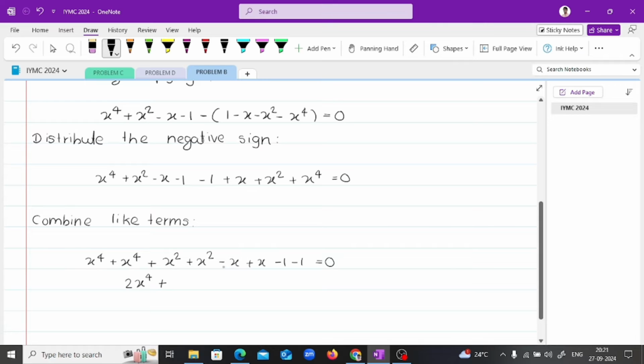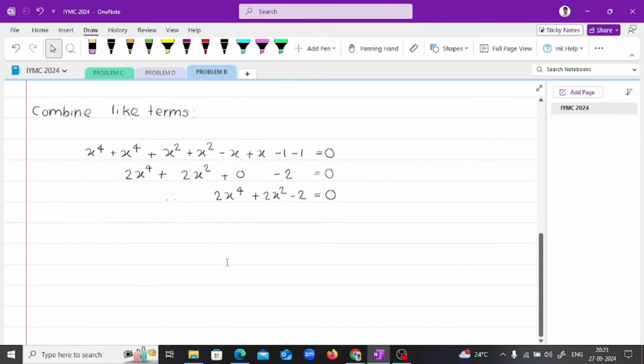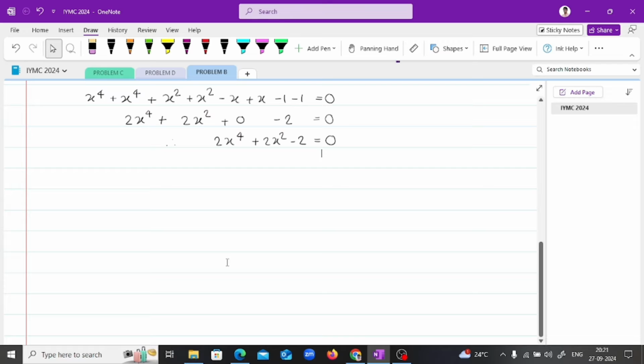This x square plus x square is equal to 2x square. This minus x plus x is equal to 0, and this minus 1 minus 1 is equal to minus 2. Therefore our equation will become 2x raised to 4 plus 2x square minus 2 is equal to 0.